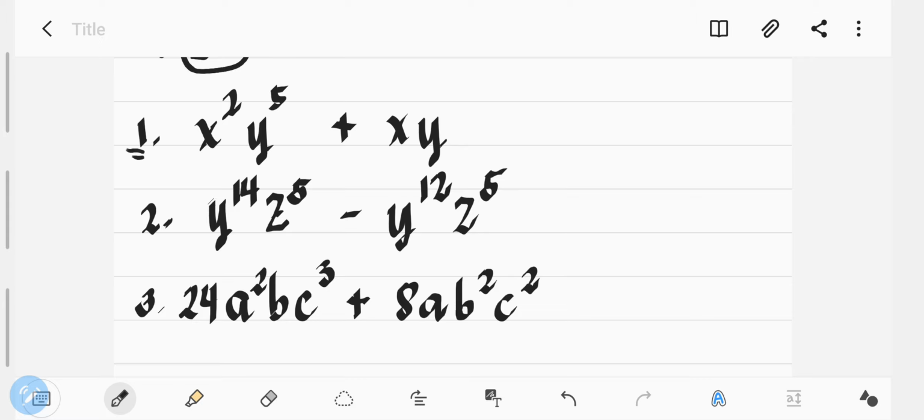So, mangyayari dito, kailangan i-check nyo pareho ito. So, kung ano lang yung common, halimbawa, sa x squared at saka x, sila lang ang i-compare mo. Okay? So, yung x squared at saka x, mas mababa ang exponent ng x, diba? So, isusulat natin siya dito. X.